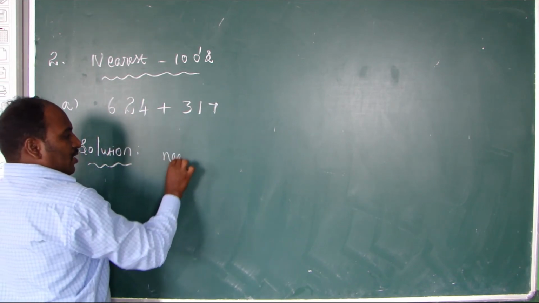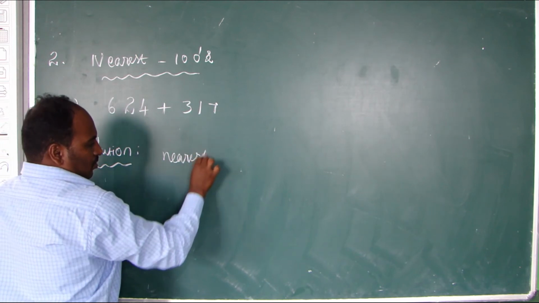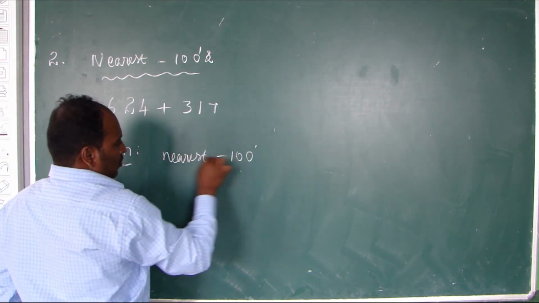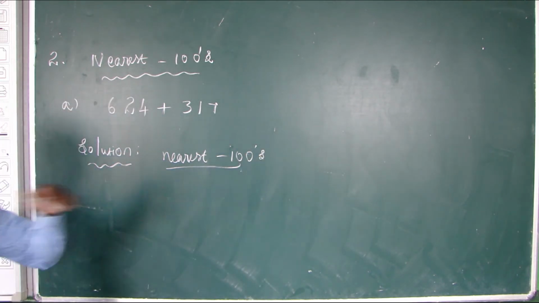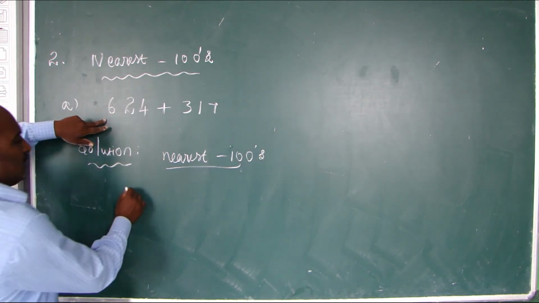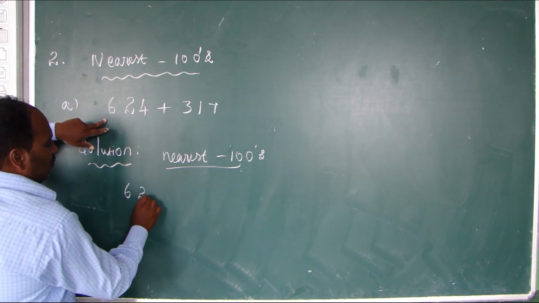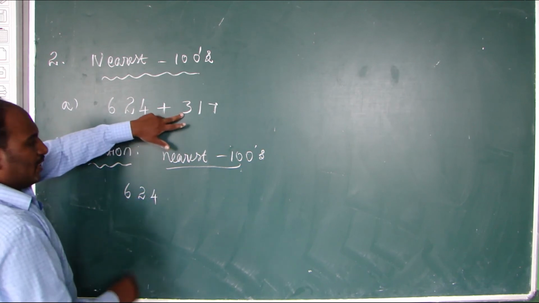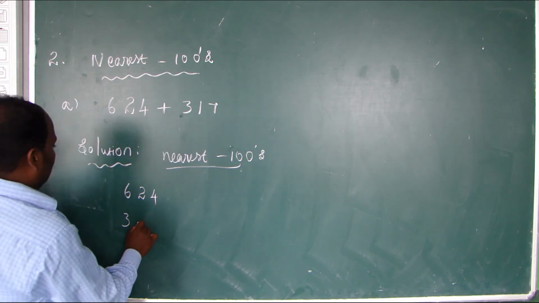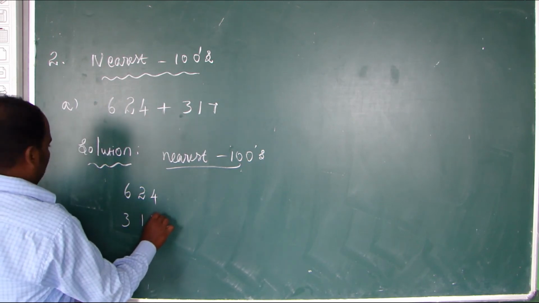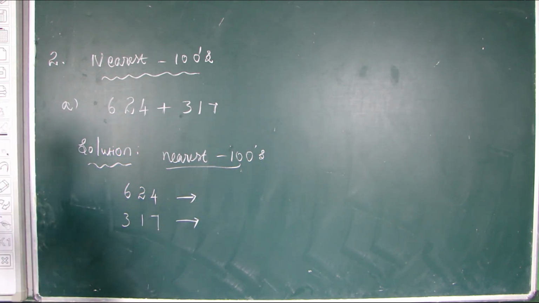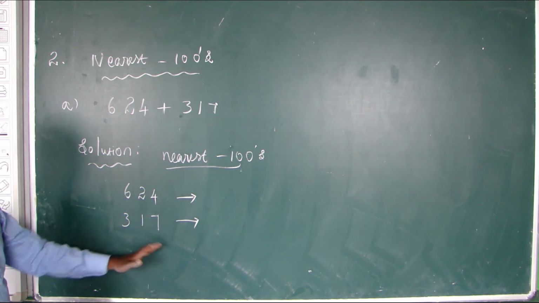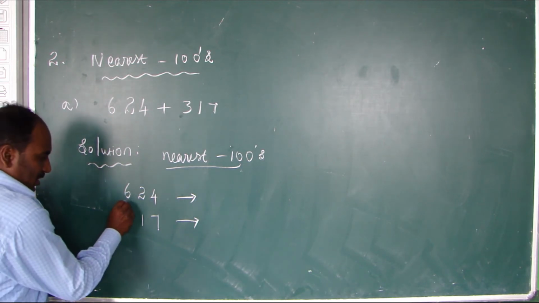We want the nearest 100. The first term is 624, then the second term is 317.